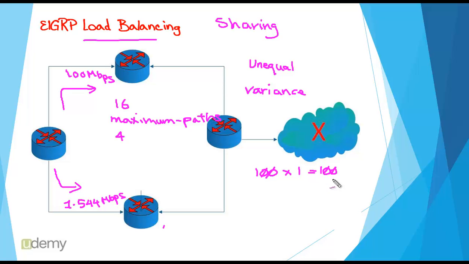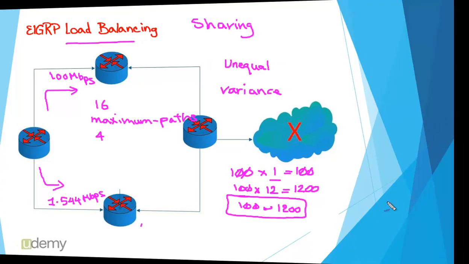Therefore, EIGRP is not unequal cost load balancing by default because the multiplier is 1. After we change this multiplier, for example to 12, the result would be 1200, and the acceptable range of metrics for being in the routing table is between 100 and 1200. If your metrics are in this range, they can be in the routing table, otherwise they can't.